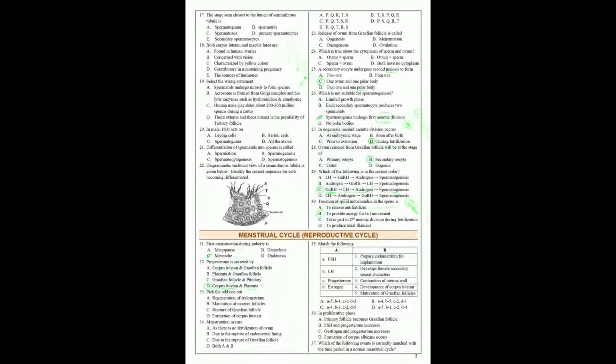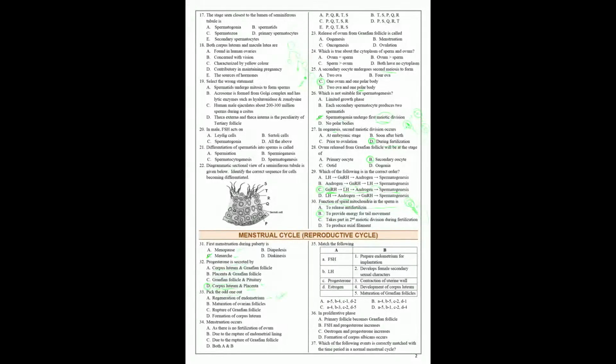Chalo. The next question is pick the odd one out. The options are regeneration of endometrium, maturation of ovarian follicles, rupture of Graafian follicle, formation of corpus luteum. They're talking about your menstruation.